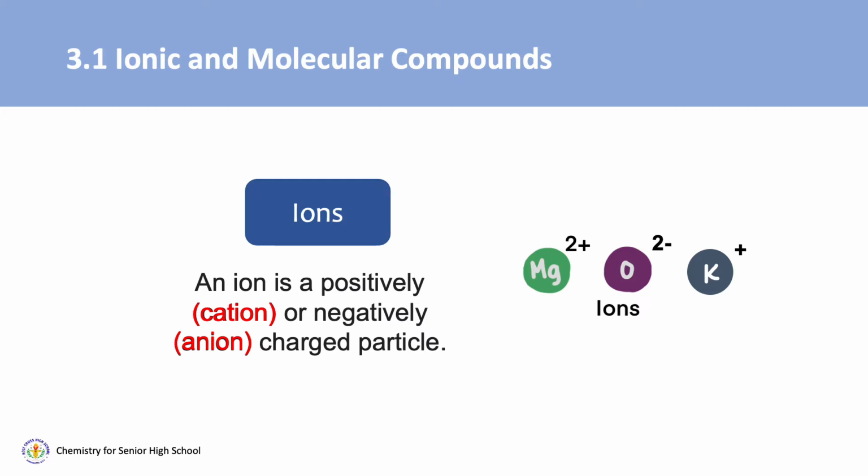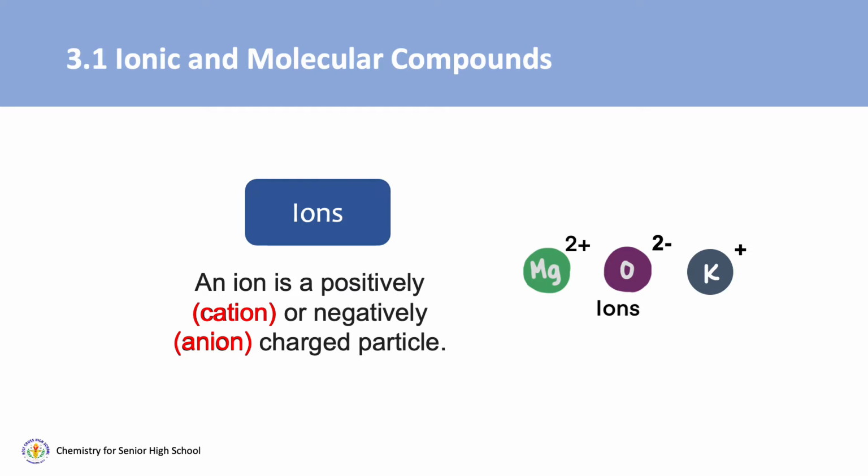The first example is magnesium, or Mg. As you can see, magnesium has two positive charges, represented by the 2 plus sign on the upper right of the circle of magnesium. So it has two positive charges, therefore making it a cation.